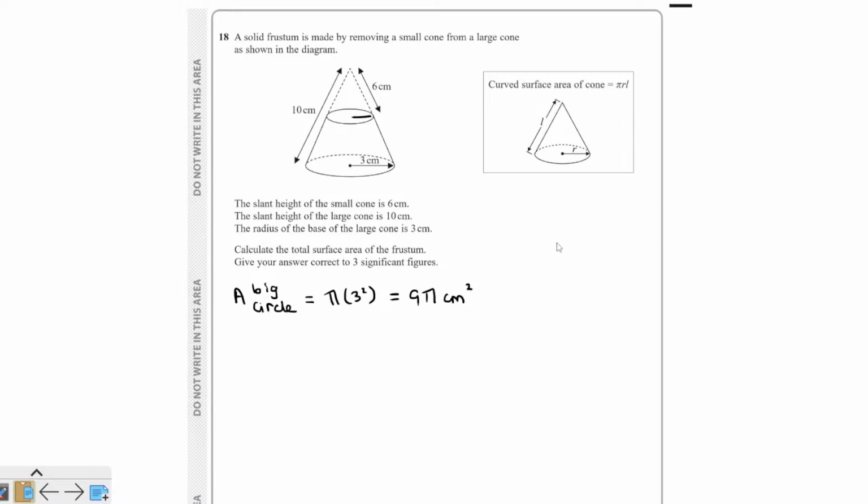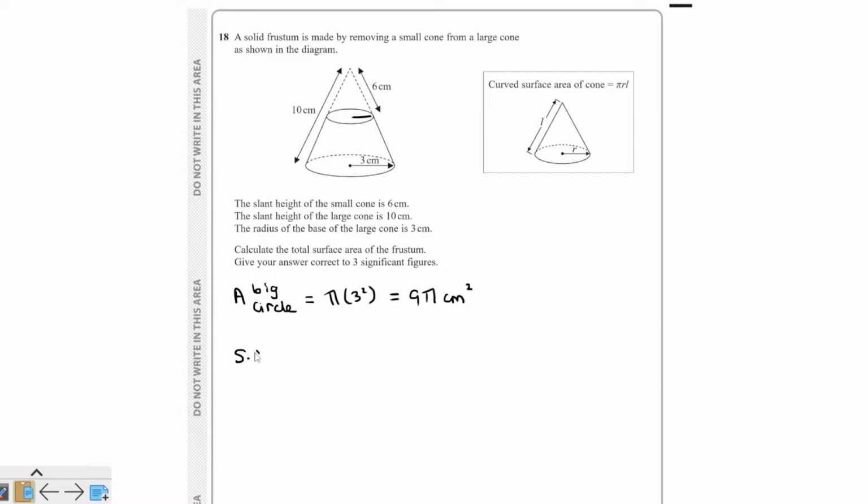You know when you work out similar shapes and you have to work out a scale factor? Basically, the small cone at the top is mathematically similar to the bigger cone. It's just the small cone multiplied by a scale factor, isn't it? So that's why they've given us 6 and 10 as well. Those are the pairs of numbers that relate to the same measurement, the slant height. They both relate to the slant height, so I can compare those.